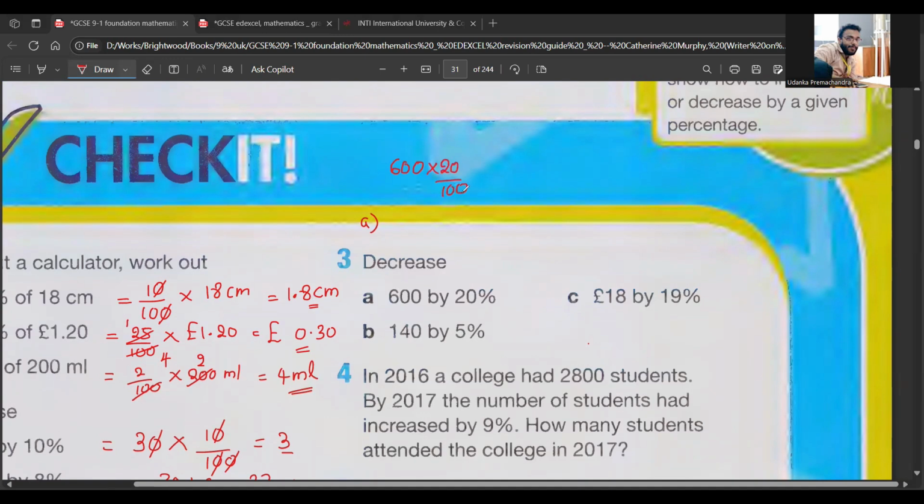Okay, cancel two zeros, two zeros. 6 into 100, yes, 120. So final answer is 600 minus 120. So it is 480. Like that, continue.